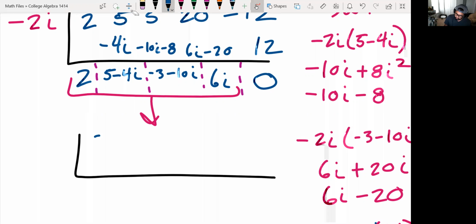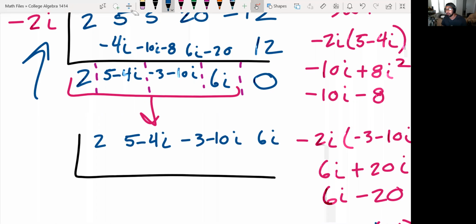And you're going to have 2, 5 minus 4i, negative 3 minus 10i, and 6i. And since the first complex zero we used was negative 2i, the next complex zero we're going to use is 2i. All right, now don't worry. This one's going to work out a lot nicer than the one above it.